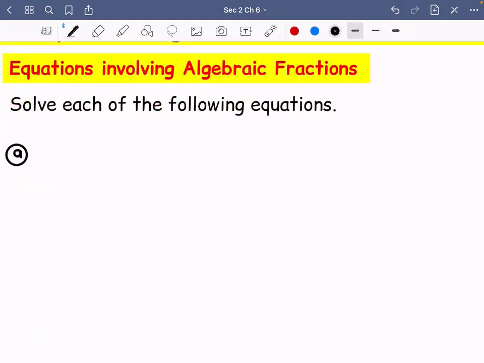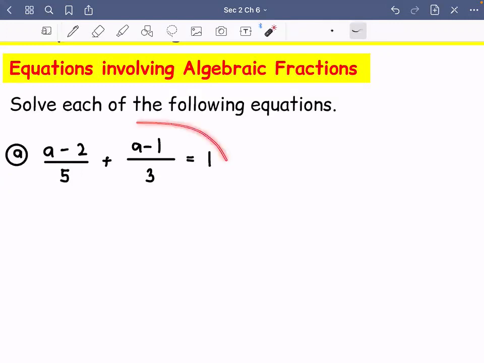So we got (a minus 2) over 5, plus (a minus 1) over 3, equals 1. How do we solve each of the following equations? We just solve for the value of a.